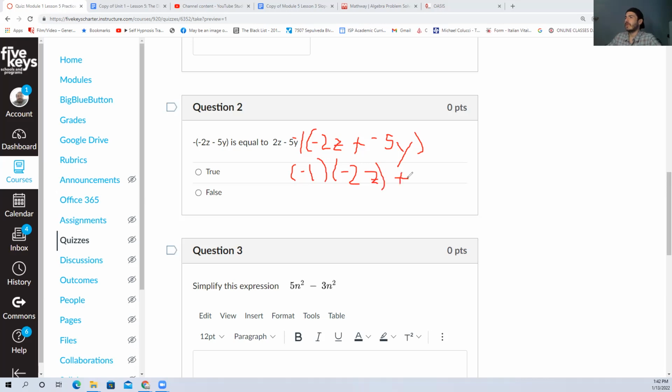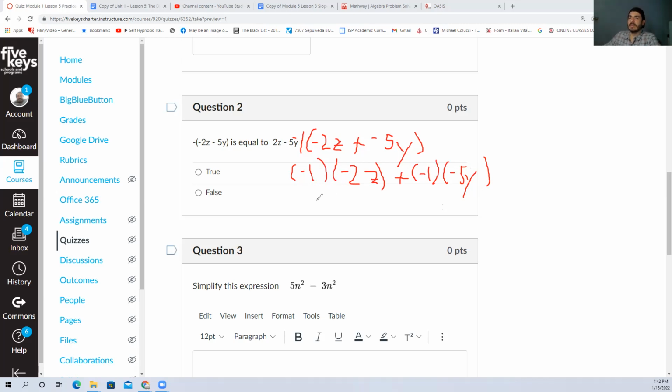Plus negative 1 times negative 5y. Okay, I got distracted. So negative 1 times negative 2z.